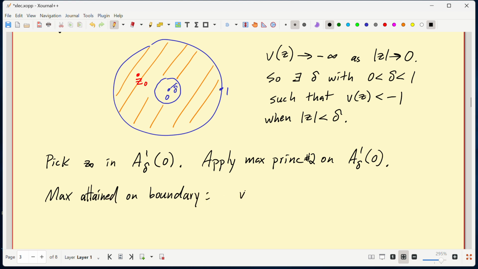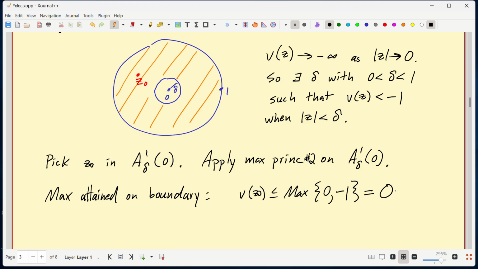So that means that v of z naught is less than or equal to the max. Well, on C1 it's 0. And on the other boundary it's minus 1. And so that means v of z naught is less than or equal to 0.